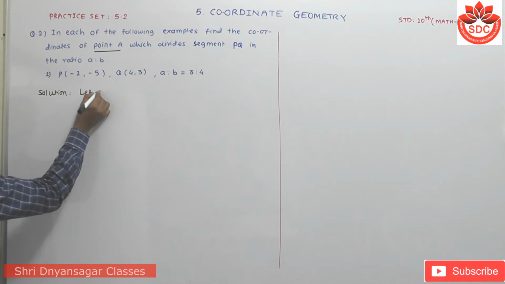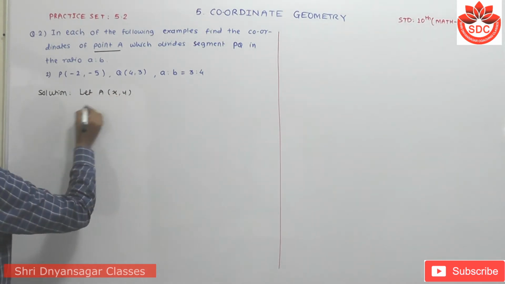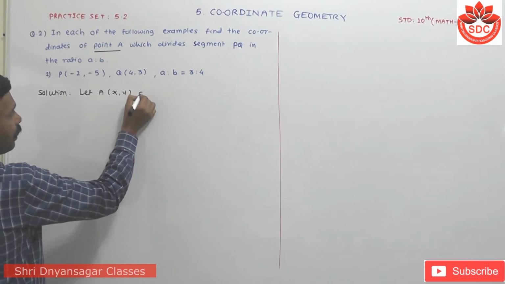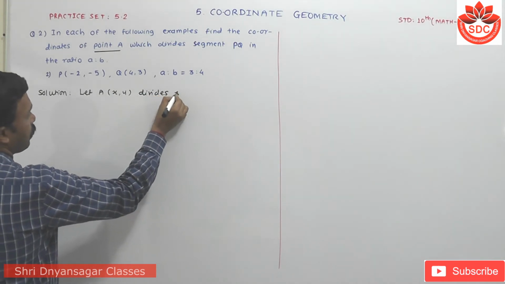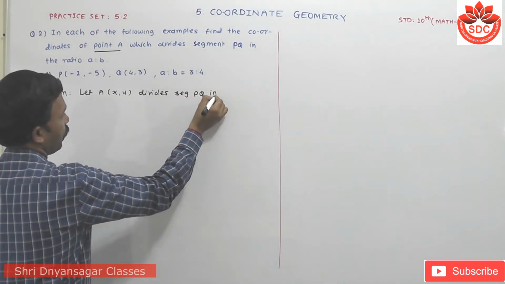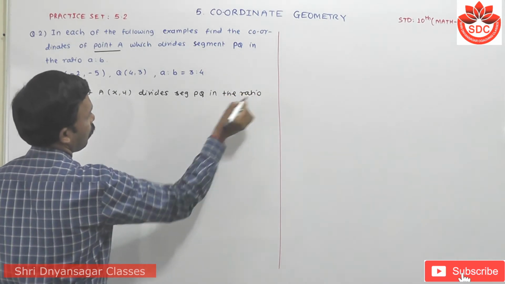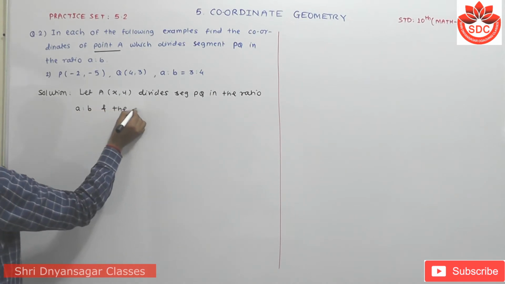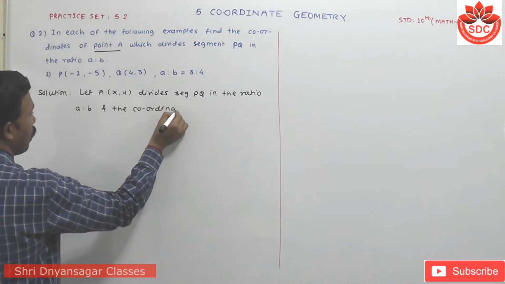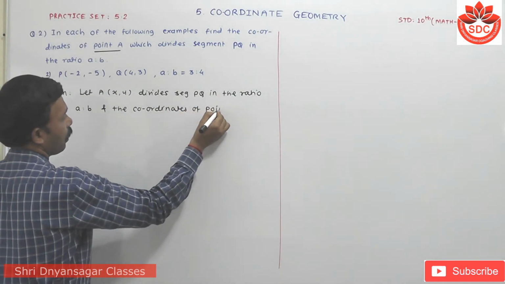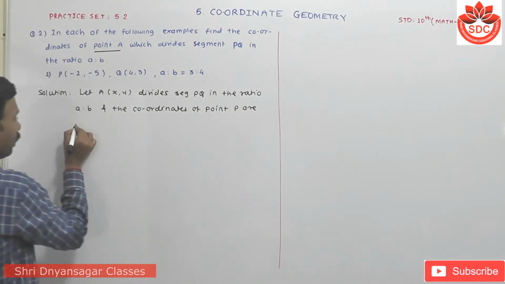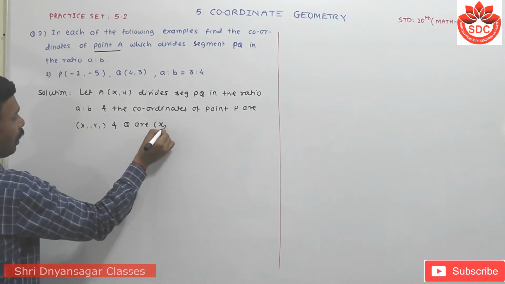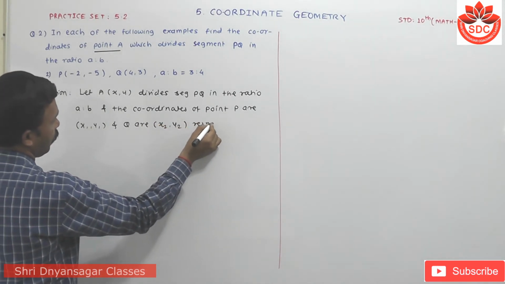let point A (x, y) divide segment PQ in the ratio a to b, and the coordinates of point P are x1, y1 and Q are x2, y2 respectively.